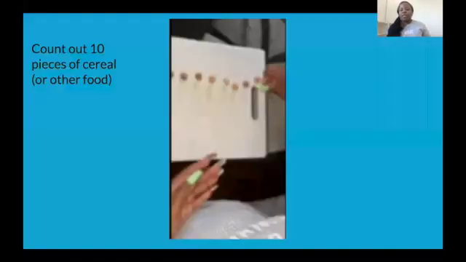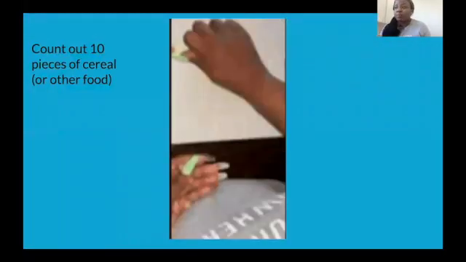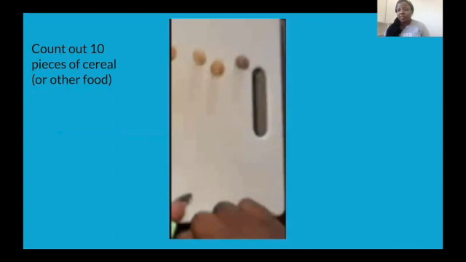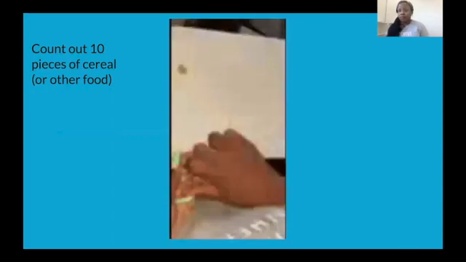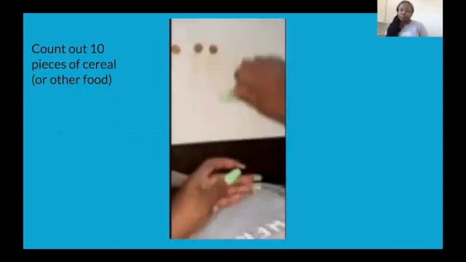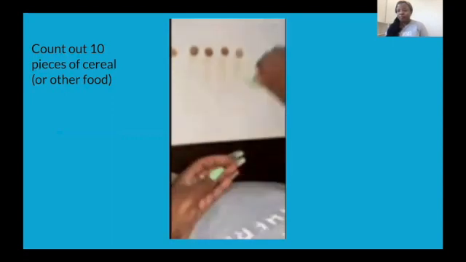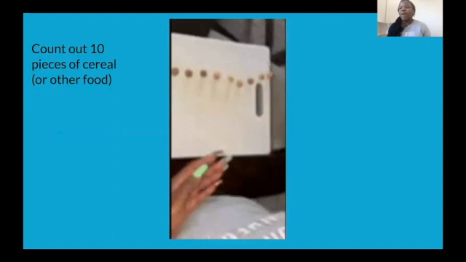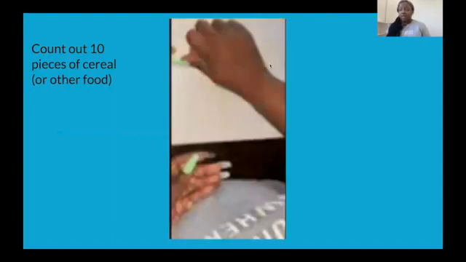All right, so now we're going to get to using your cereal. I want you to take out and count 10 pieces of cereal or other food. If you have cubes, 10 pieces. Once you have your 10 pieces of cereal, it should look like mine, just like this.